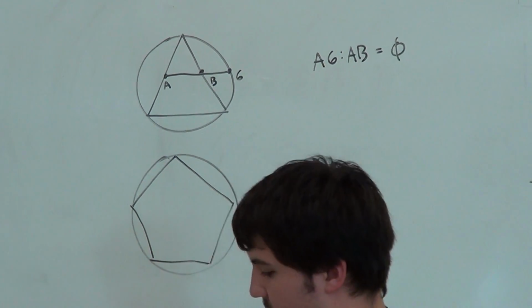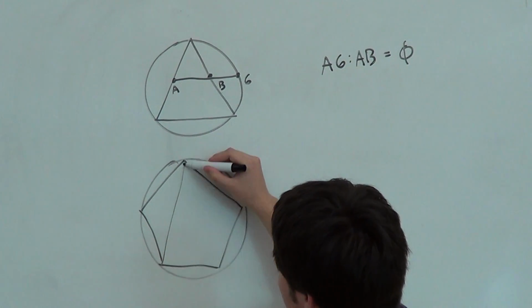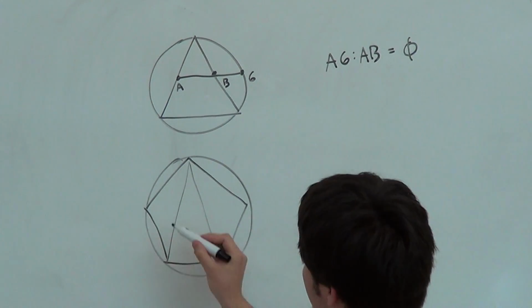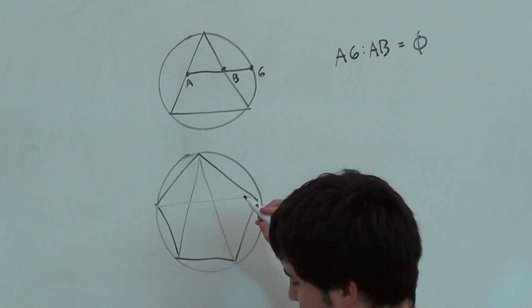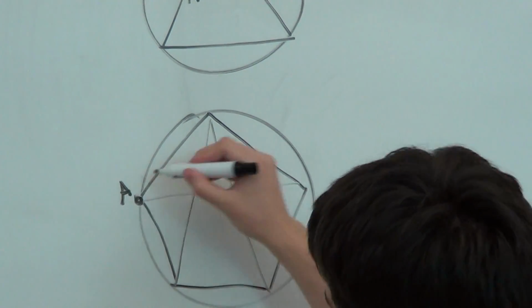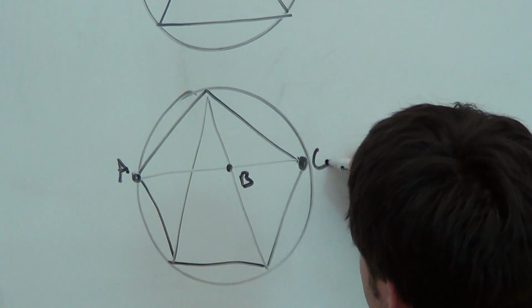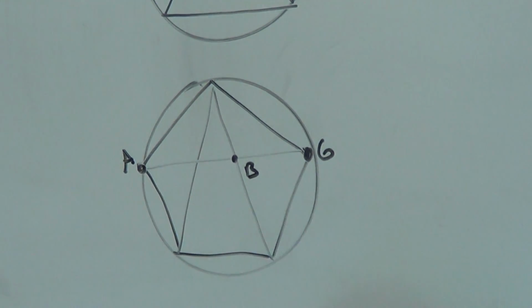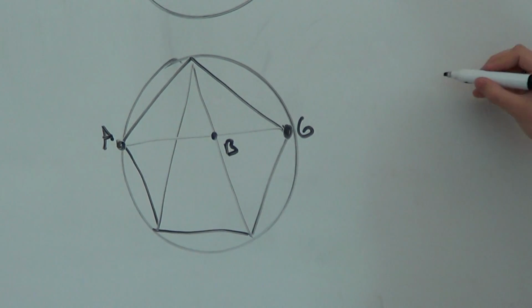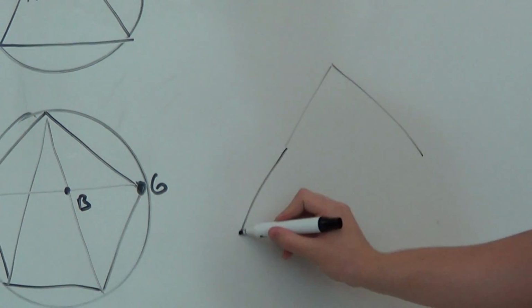Pentagon inside. We're gonna do this. A, B, G. And if we don't draw the circle, just do a pentagon.